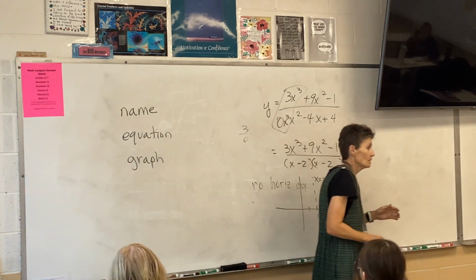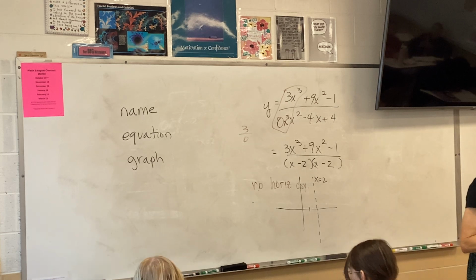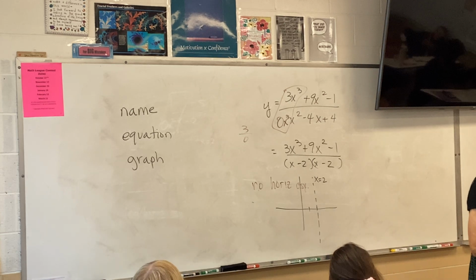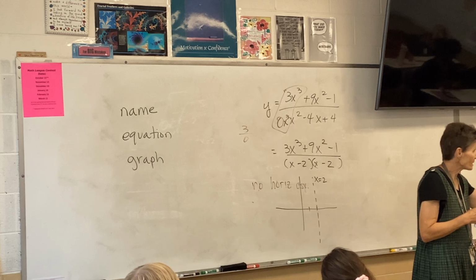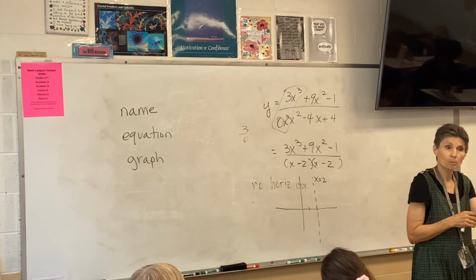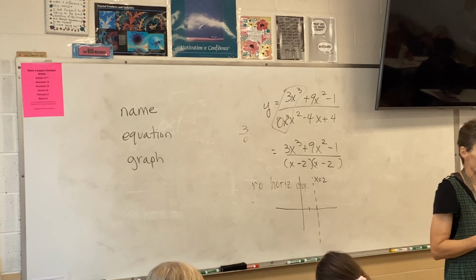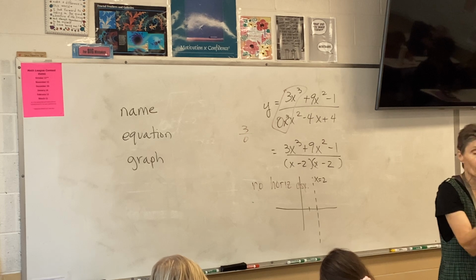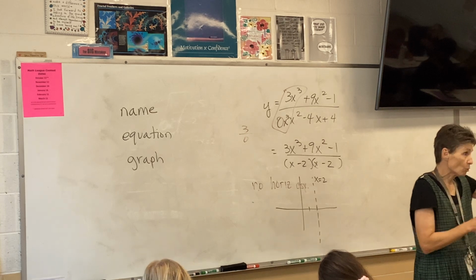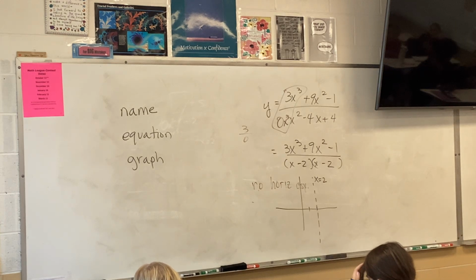Now, how you design your flashcards is up to you. They're yours, you're going to be studying them. A lot of times kids will put the graph on one side of the card, and on the other side, the name and the equation. You might want to put the graph and name on one side, and the equation on the other. However you want to do it, it doesn't matter. But those are the three pieces of information that have to go on the flashcard.